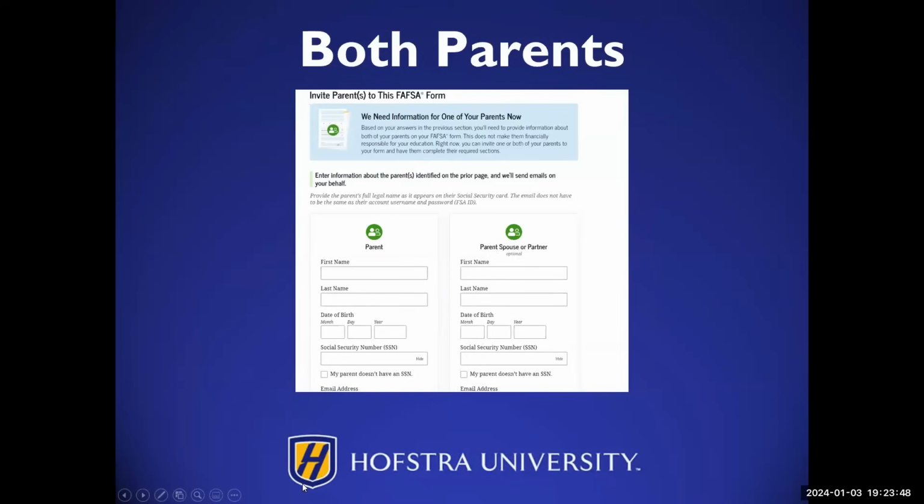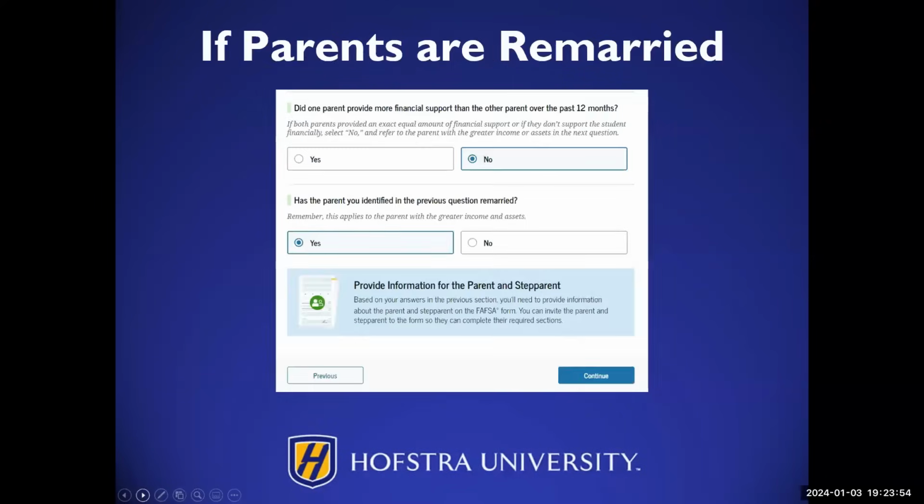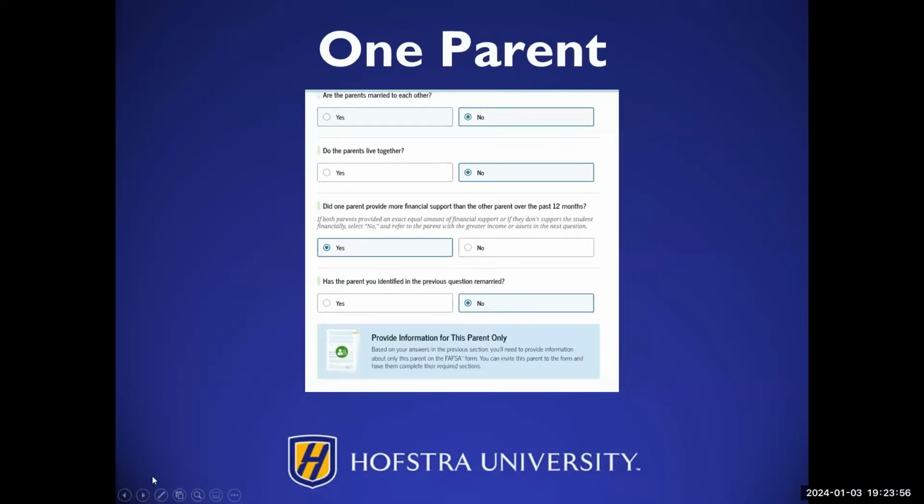So their spouse, so that way you can get the information for both parents to be contributors. And then if there's just one parent, so if parents are not married, parents do not live together, and one parent provides more financial support and is not remarried, you would only need the information for the one parent. So you would only need the information for the parent that provides more financial support.